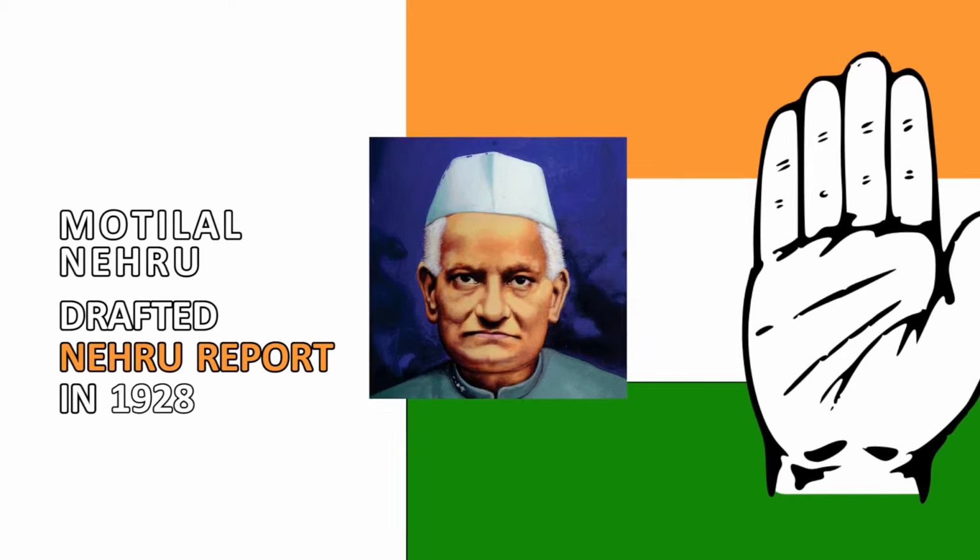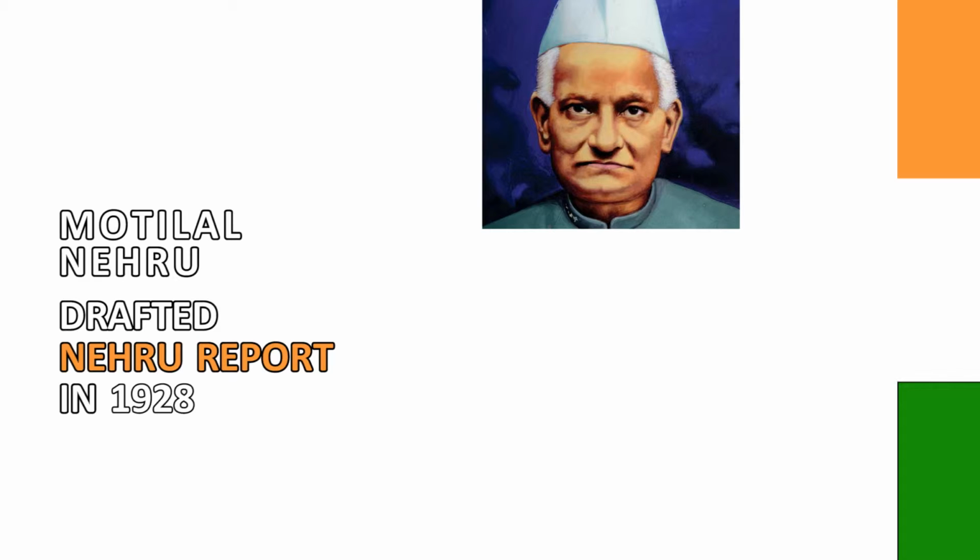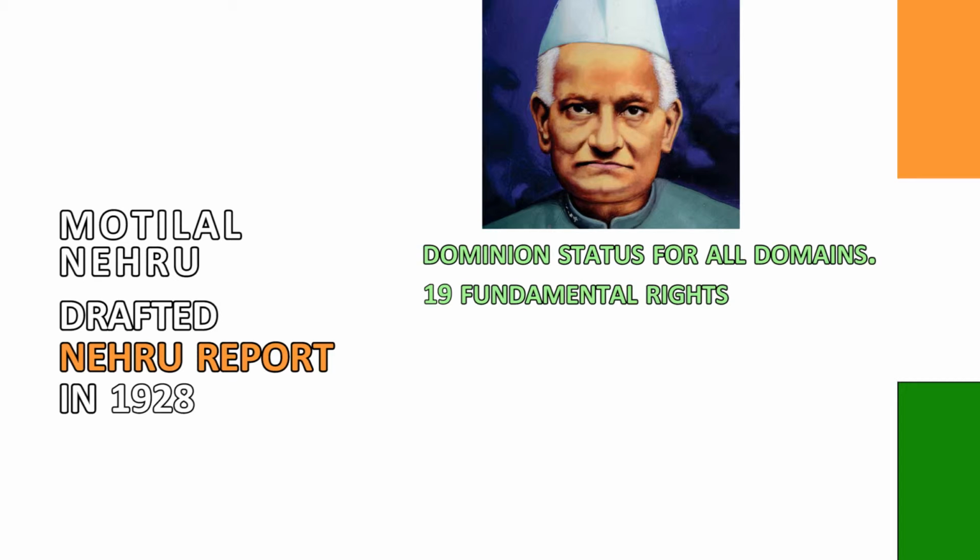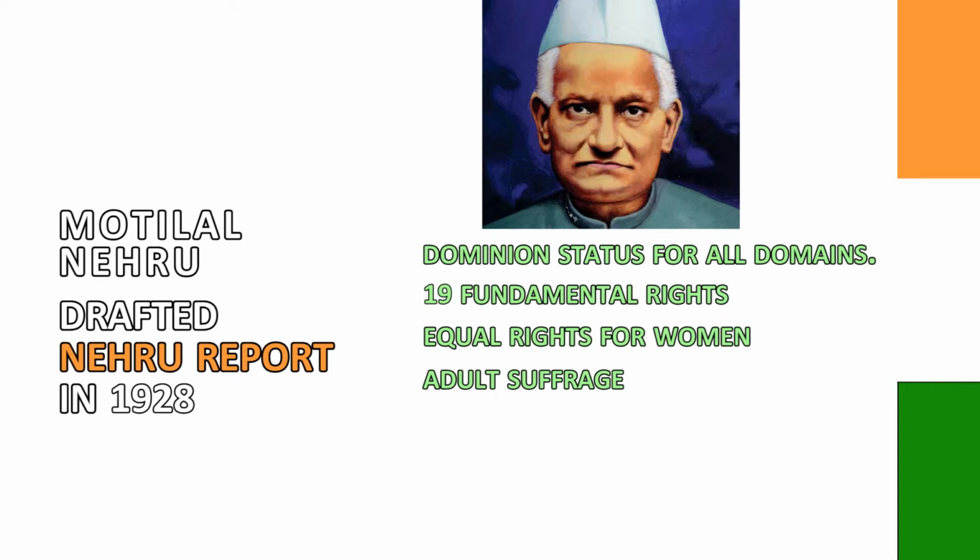The main feature of this report was that dominion status should be given to all the dominions. 19 fundamental rights were adopted, which included equal rights to women, adult suffrage, direct elections.